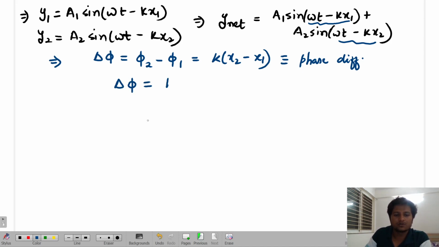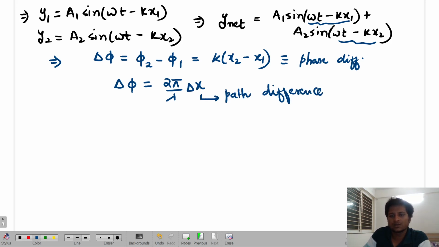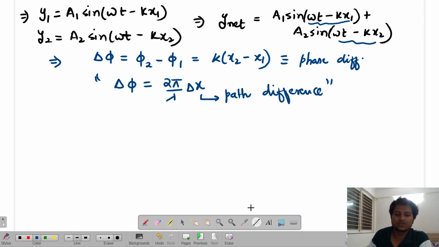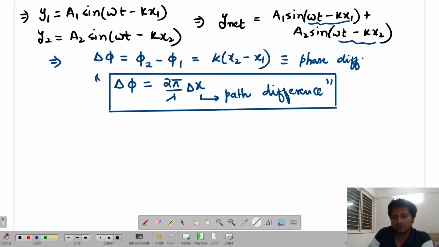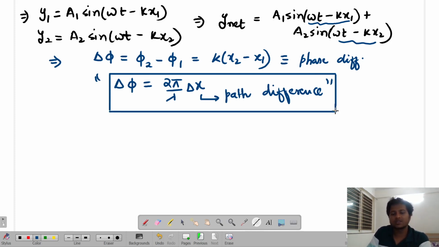So phase difference delta phi is equal to k, which is 2 pi by lambda, into delta x. Delta x is called the path difference between the waves, and this will tell you whether the waves after superimposing on each other will superimpose perfectly in such a way that the intensity can be maximum or minimum.